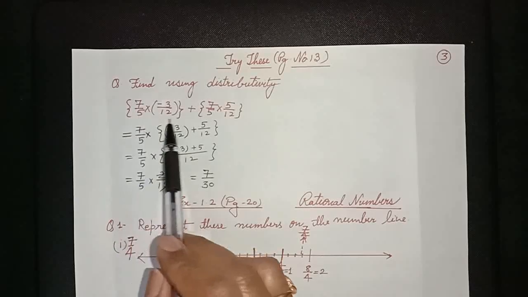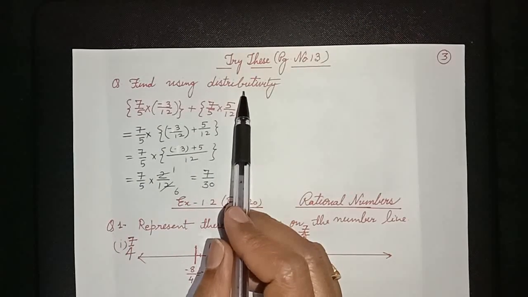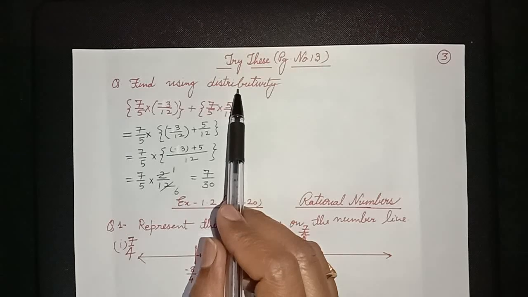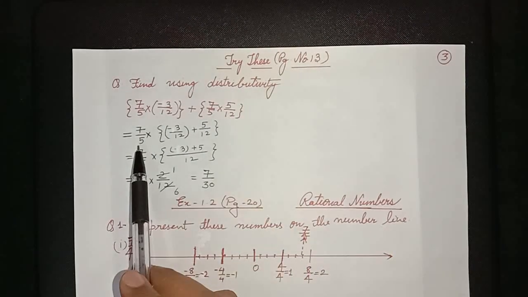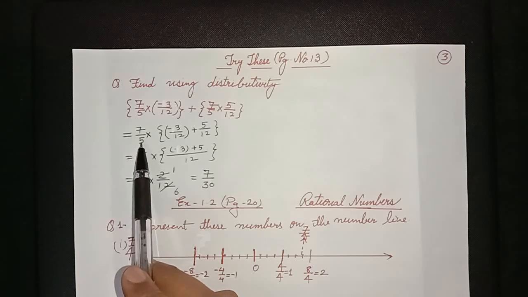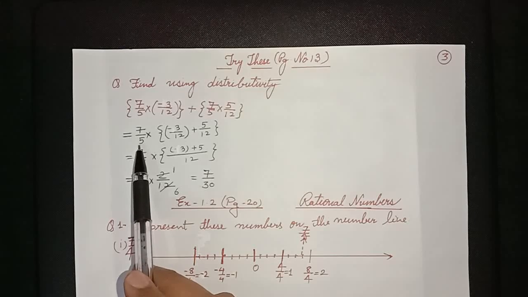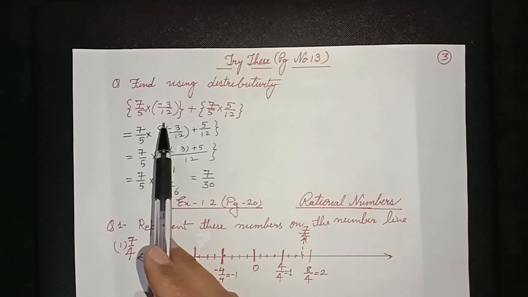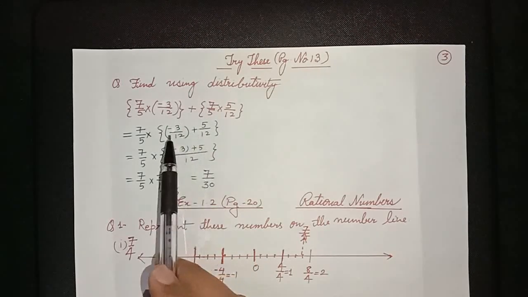To solve this question, we have to use the distributive property. In the first step, we will take 7 by 5 common, and in the bracket, minus 3 upon 12 plus 5 upon 12 will come.